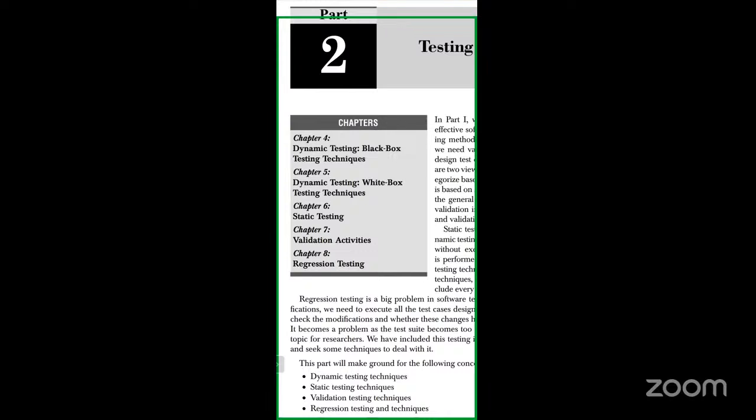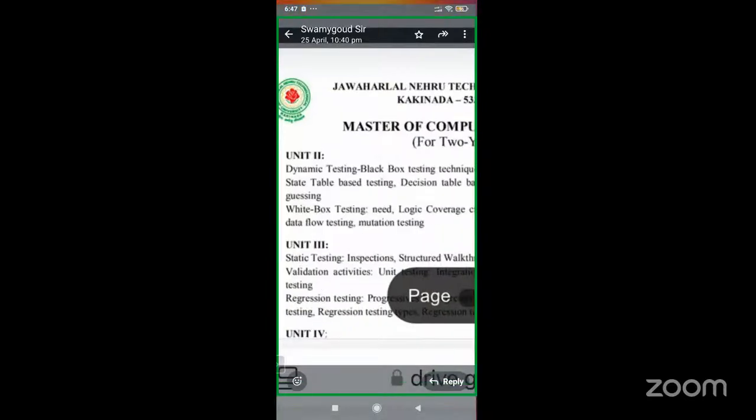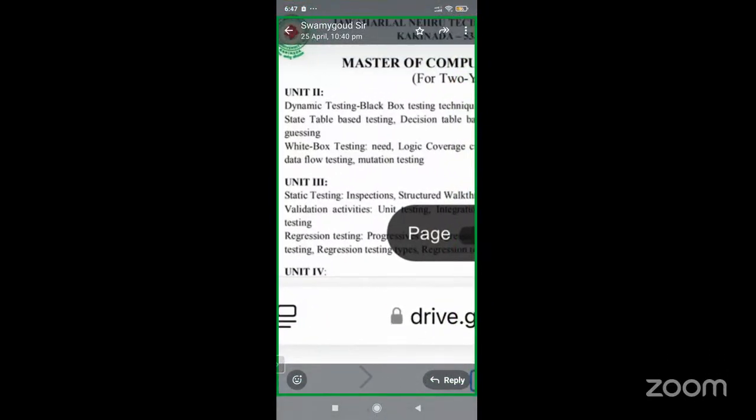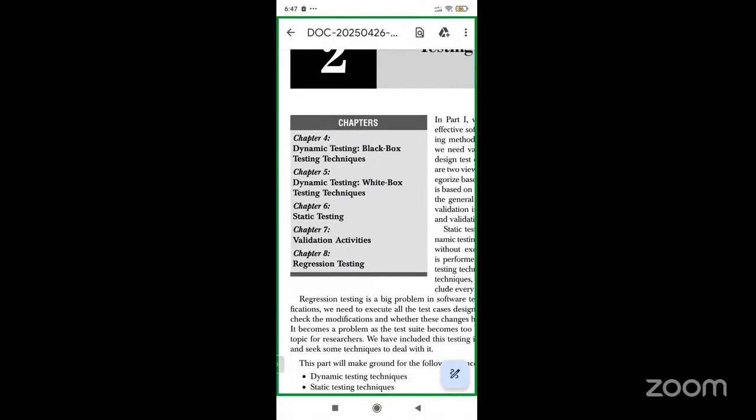Okay, so out of all these things, hopefully the first three topics are in your syllabus. Static testing and regression testing are also there as a separate unit, static testing and validation testing.